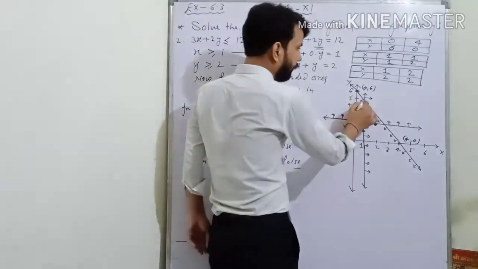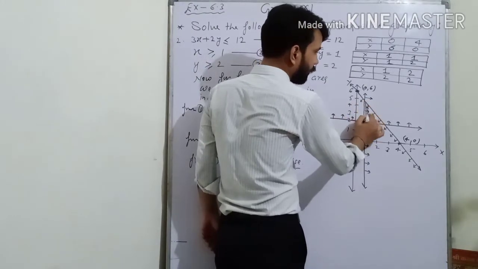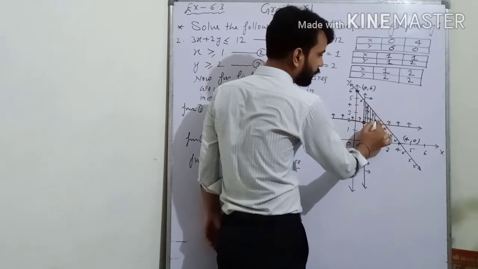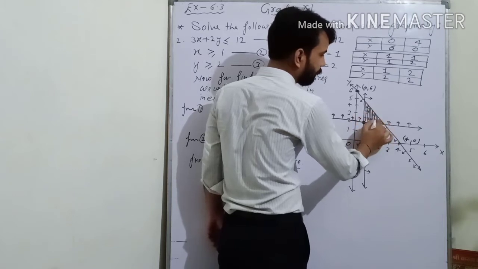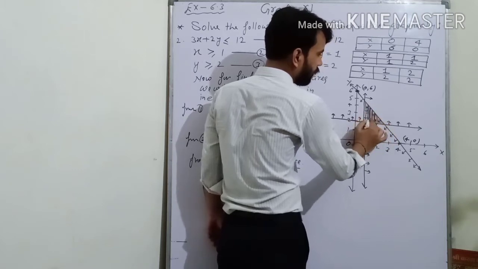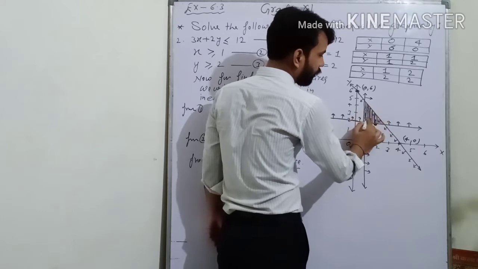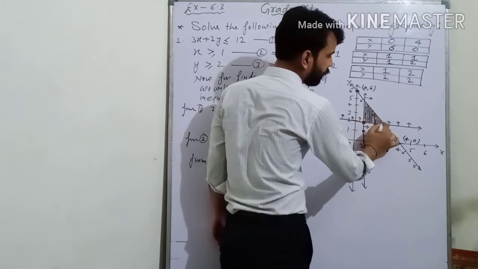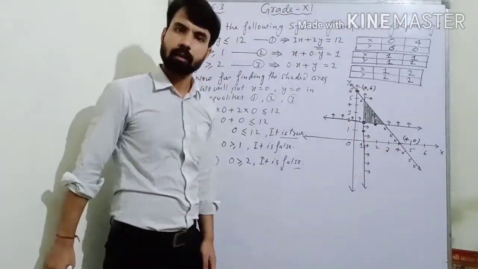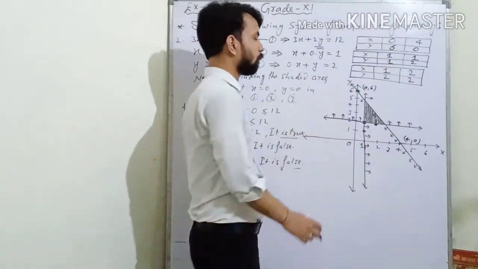So here we will shade this triangular region because it is the common shaded portion for all 3 inequalities. Clear? So this is a triangular, bounded region.